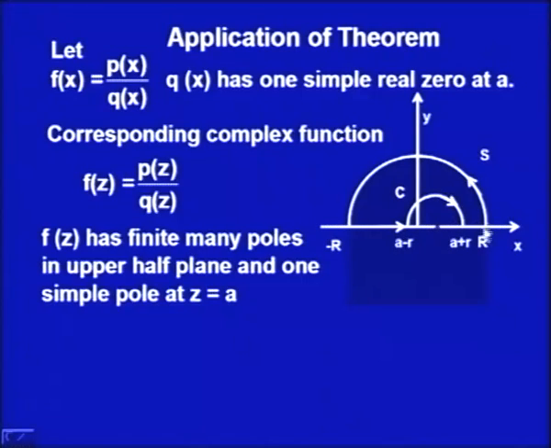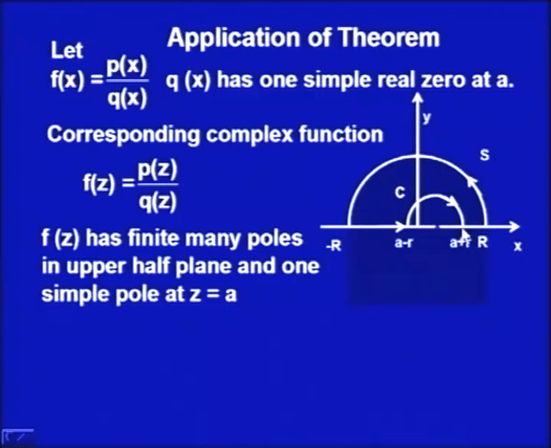Let us take this contour from the point a plus r in the positive direction to R, then the semicircle in the counterclockwise direction, and then from minus R to a minus r, and then the inner semicircle in the clockwise manner, that is, in the negative sense.